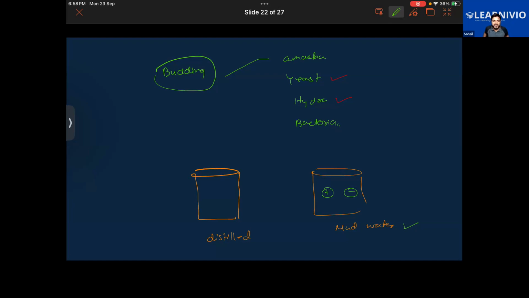Okay. Do tell me, on what principle will a carbon dioxide fire extinguisher be working? How does a carbon dioxide fire extinguisher work? What is the mechanism of its working? It cuts off the continuous supply of oxygen. Okay.